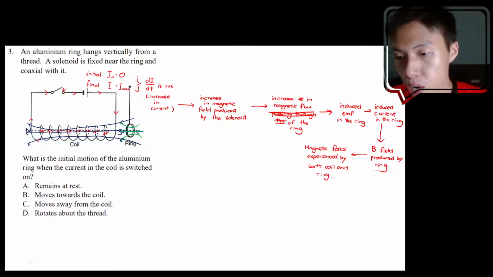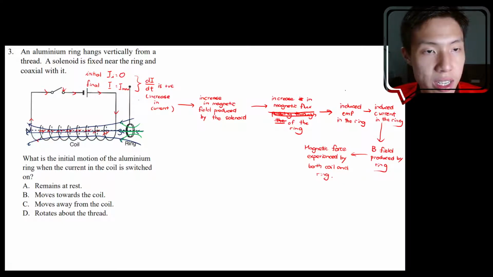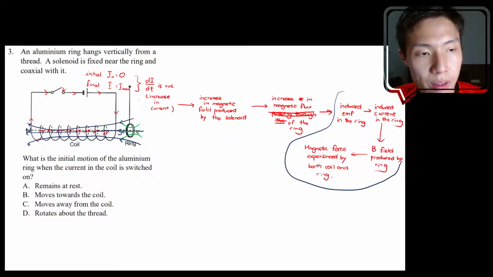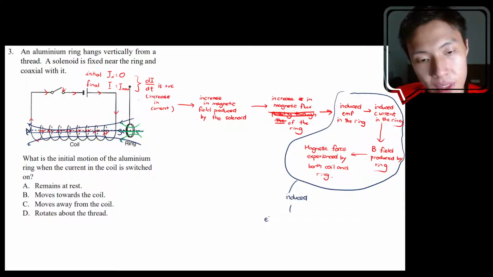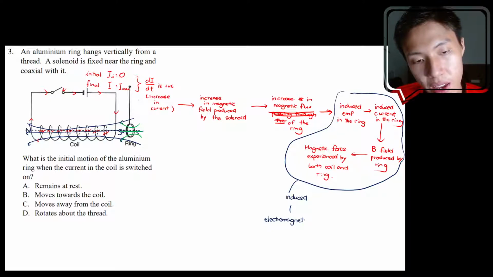What I want to mention here is that all these things, induced EMF, induced current, magnetic field induced at the ring, and the magnetic force experienced, are all induced. We can call them the electromagnetic induction effect.